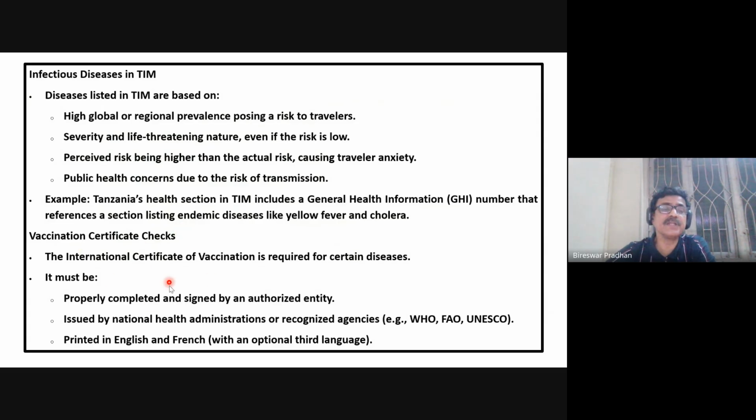The vaccination certificate check. The international certificate of vaccination is required for certain diseases. It must be properly completed and signed by the authorized entities, issued by the National Health Administration or a recognized agency like the WHO, FAO, UNESCO, printed in English and French with an optional third language.